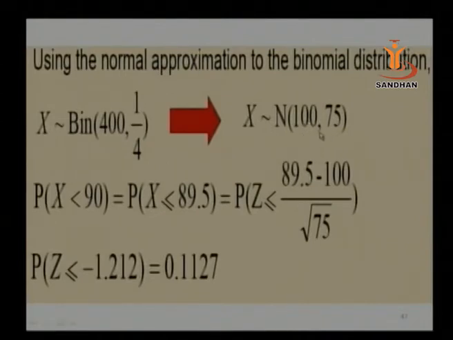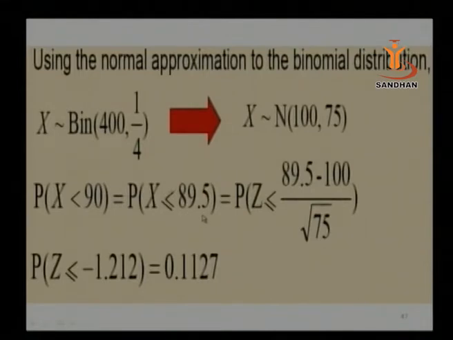And the variance is npq for the binomial distribution. So np is 100. Now multiply with q. q is nothing but 1 minus p, so 1 minus 1/4, which is 3/4. So it is going to be 75. Let us see. The probability of x less than 90 will be the probability of x less than or equal to 89.5.